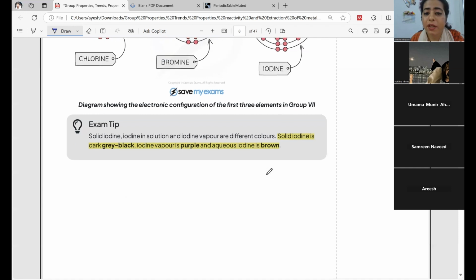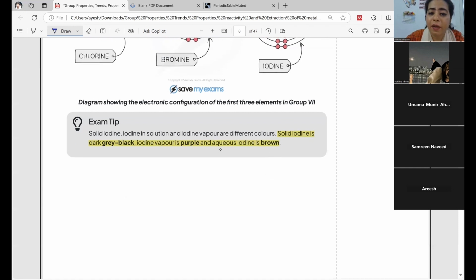Remember one thing, they did not say here to melt it. They did not say that we can have solid iodine, gas iodine, and liquid iodine. They said if we mix it with water, then it is brown. Any idea?